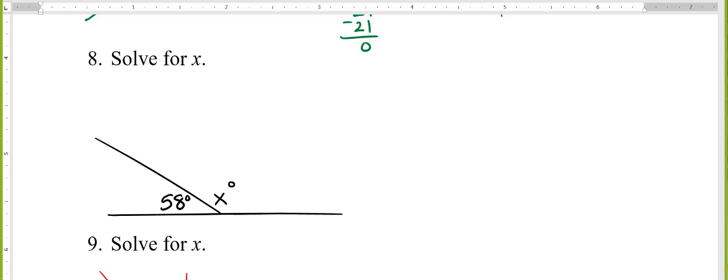Something we got to learn from this section. 180. Perfect. They add up to 180. So for our math equation, we're going to set up 58 plus x has to equal, what'd you say again, Audrey? 180.